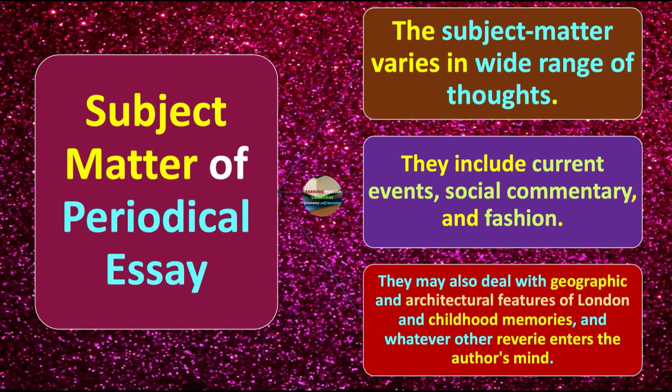Here, that is to say that the subject matter of the periodical essay is in a wide range. It may include your ideas regarding geographical locations. You may also write a periodical essay about architecture, about your childhood memories, and about whatever enters your mind as a writer. This means the periodical essay has a wide range of ideas to include.